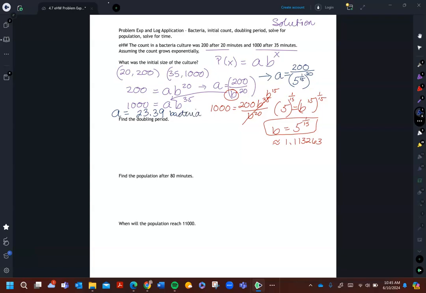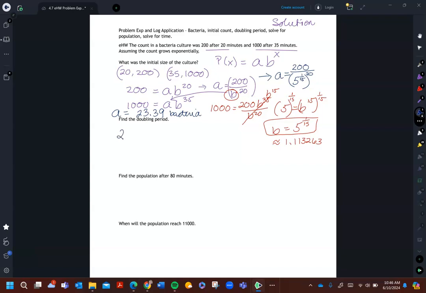Then to get the doubling time, what I need to do is just go ahead and put in double.